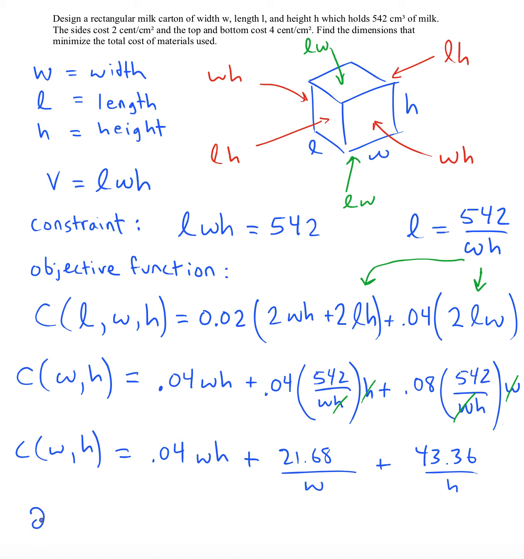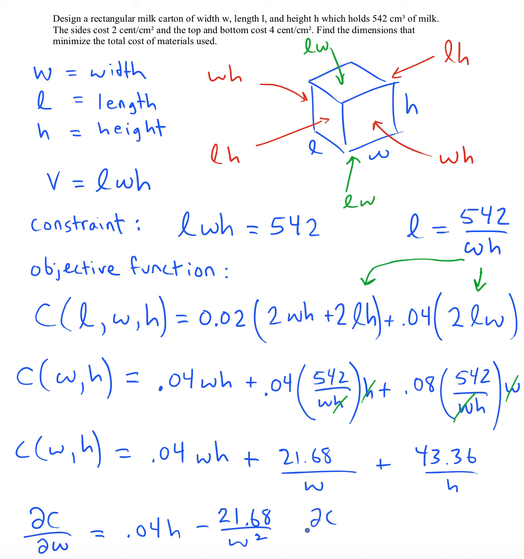So we'll need the partial derivative of the cost with respect to W, which will be 0.04H minus 21.68 over W squared.